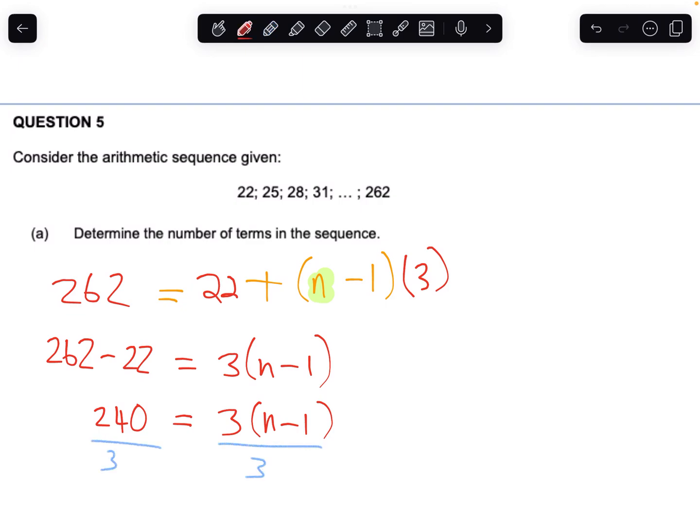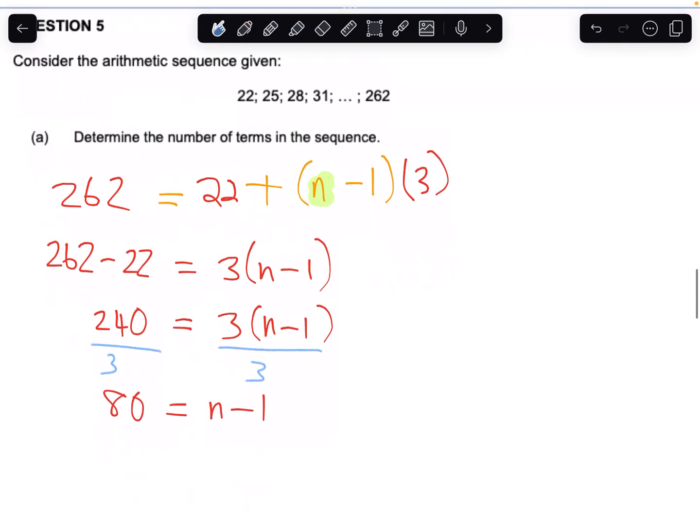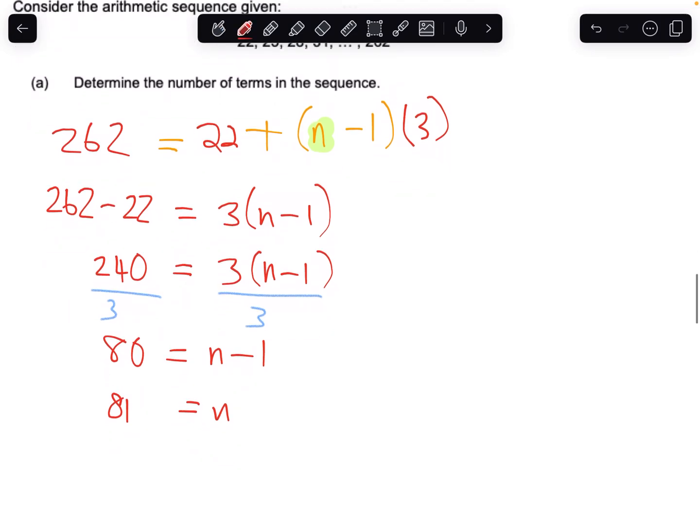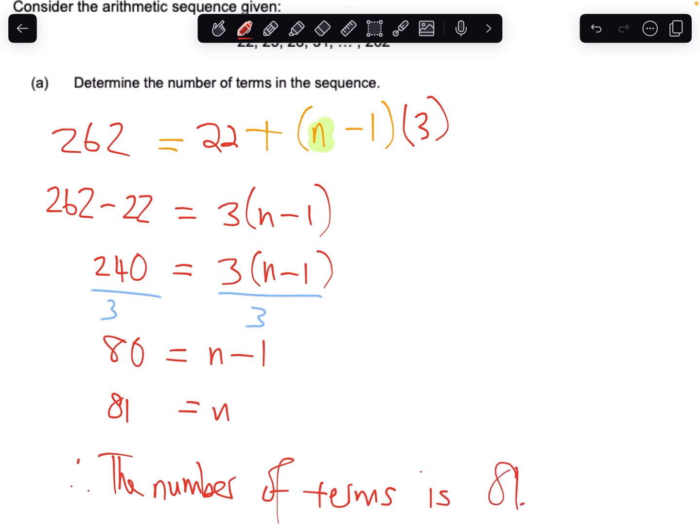So then we've got 80 is equal to n minus 1, and therefore n is equal to 80 plus 1, which is 81. Therefore the number of terms is 81. There are 81 terms in this sequence.